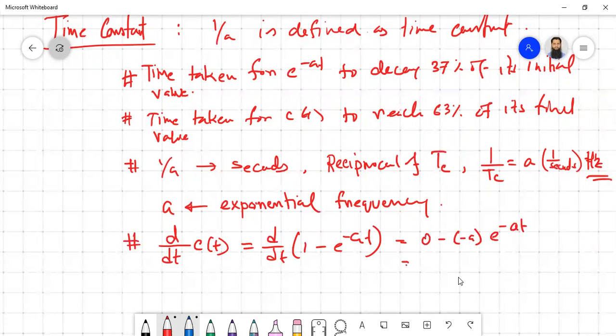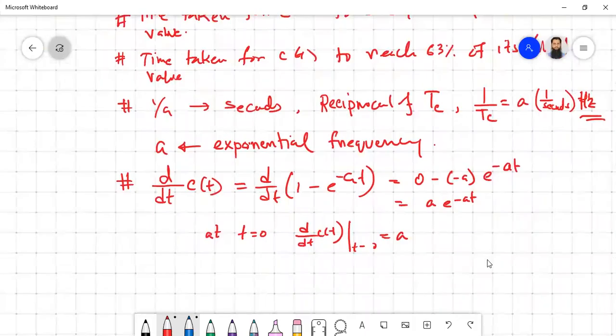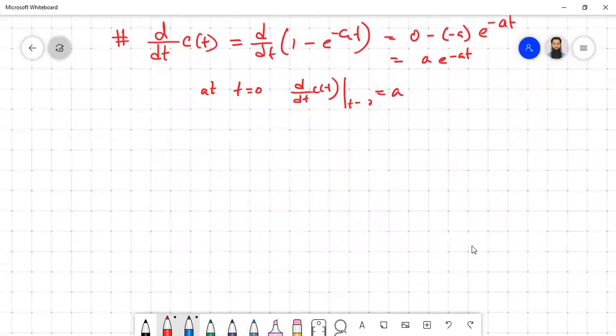So basically what we have is a e to the power minus at. So this is the slope. Now at t equal to 0, d by dt of Ct at t equal to 0 becomes basically a. So the initial slope of your response is actually the exponential frequency a as well.